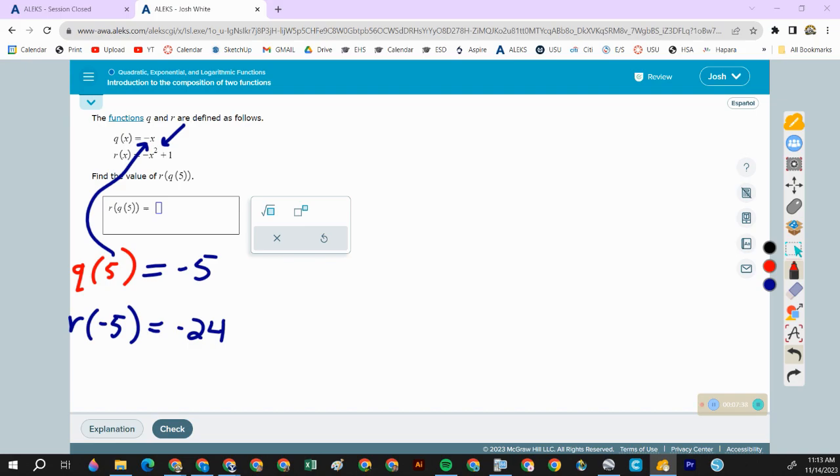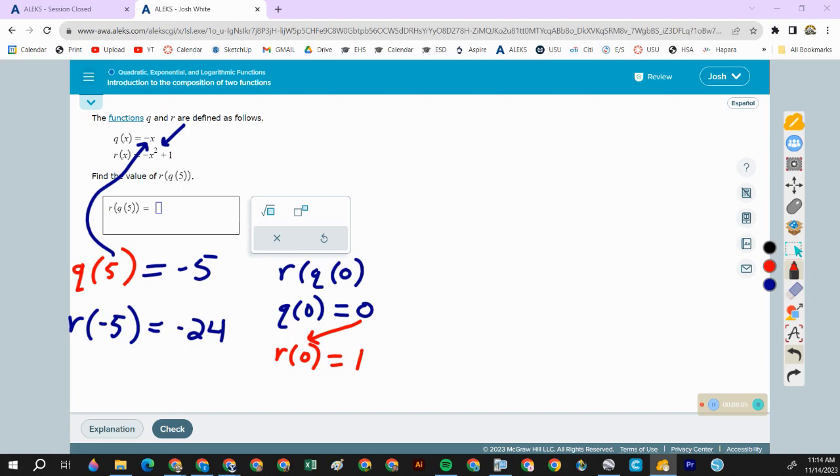Okay. What about R of Q of 0? Well, Q of 0 is 0. And then I stick that into R, and I get 1. Okay? I'm doing a different problem.